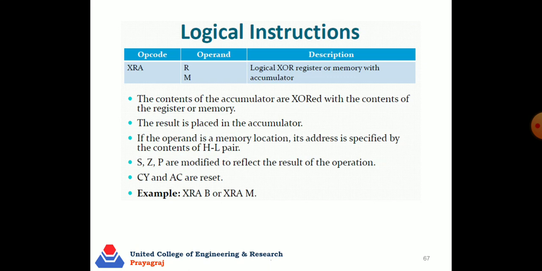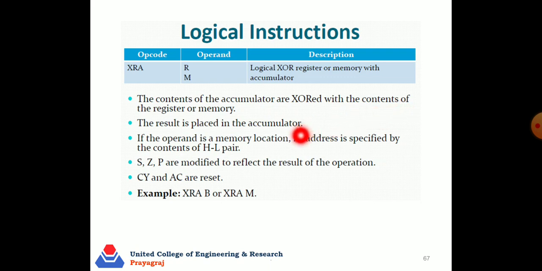Next is XOR, XRA. So logically XOR register or memory with the accumulator. In this case, the content of the accumulator is XORed with the content of the register or memory.